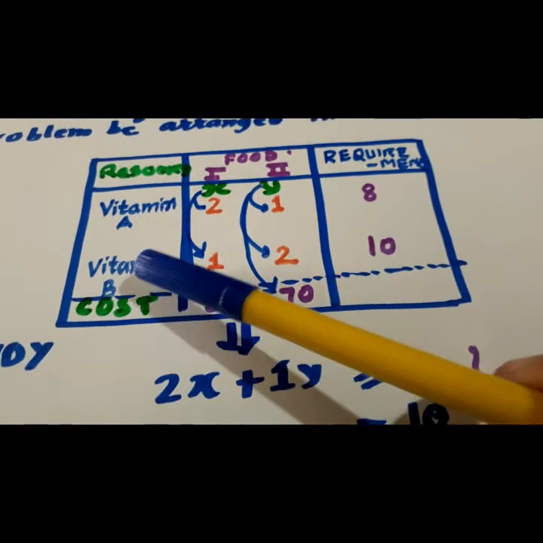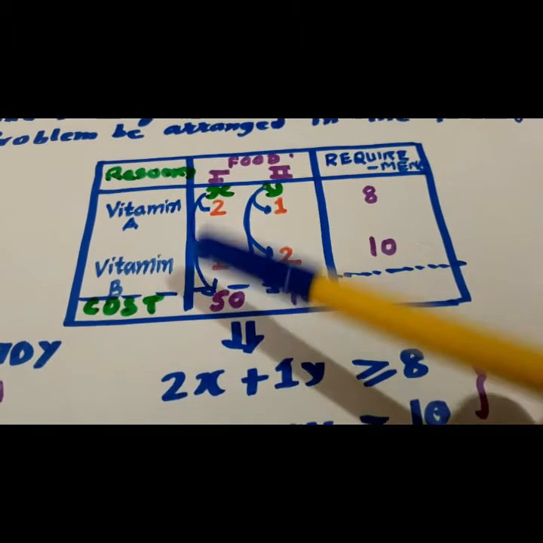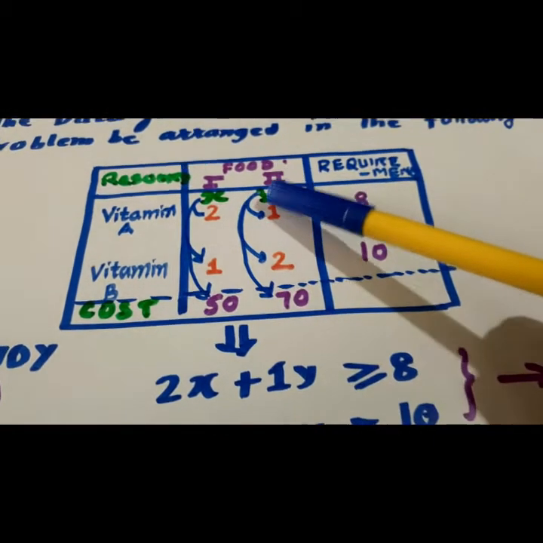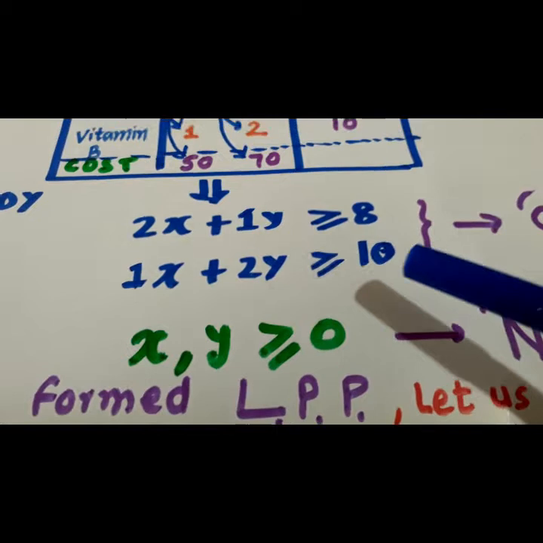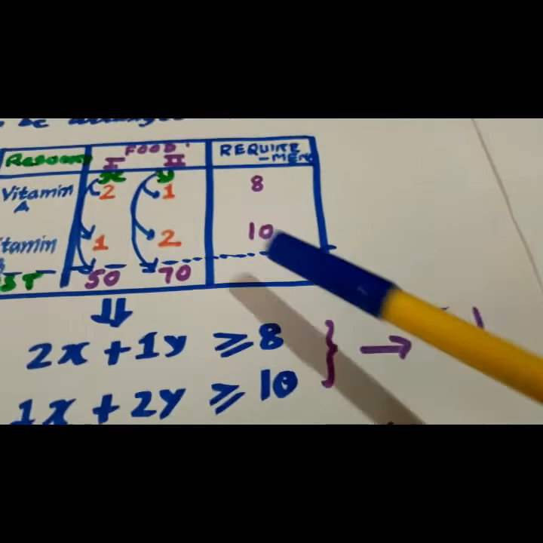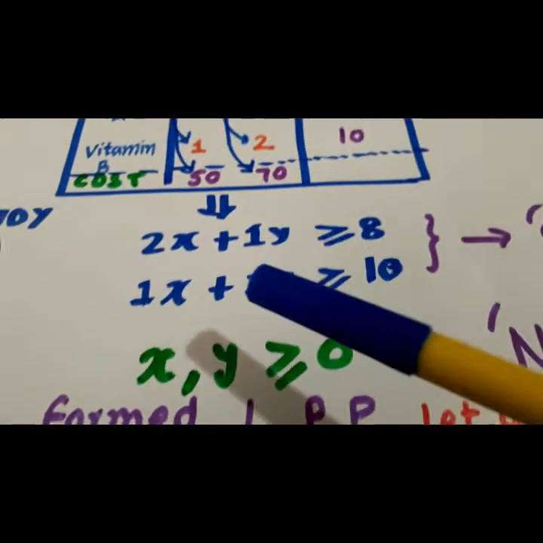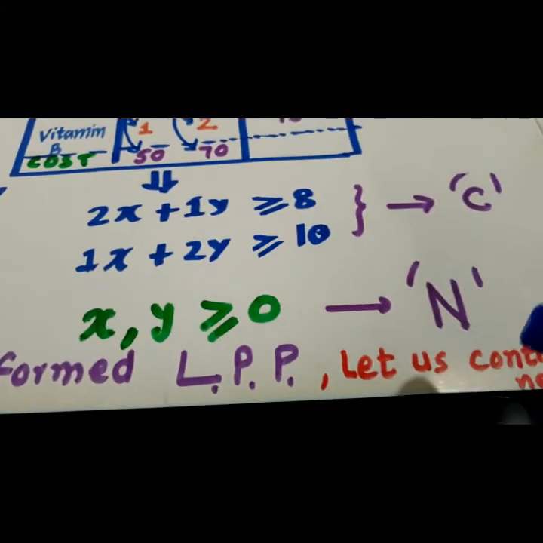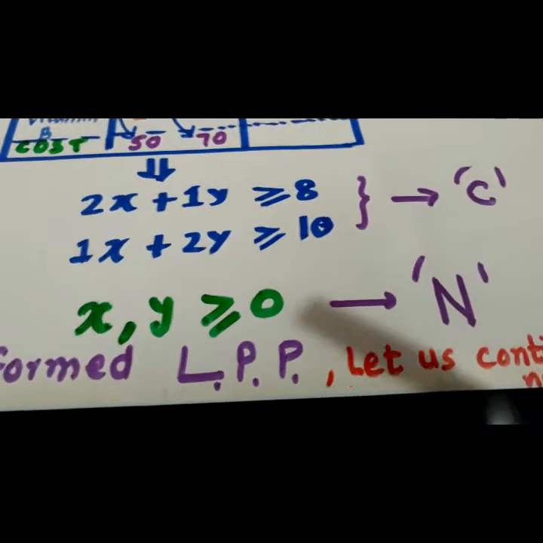And similarly, vitamin B is there, x1, y2. At least 10 means greater than equal to 10. And x, y are the non-negative variables. So LPP has been formed.